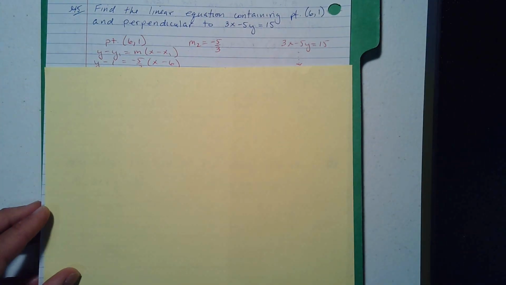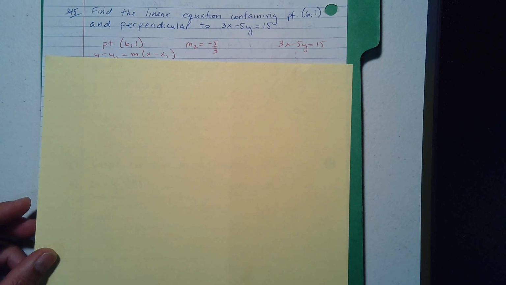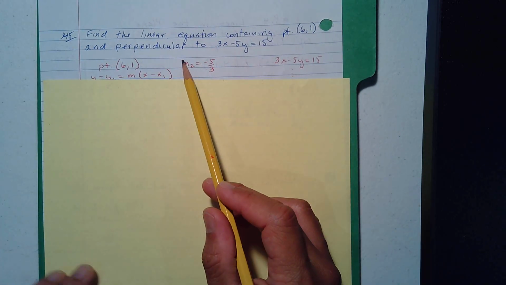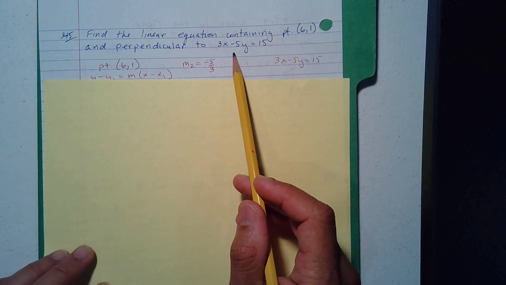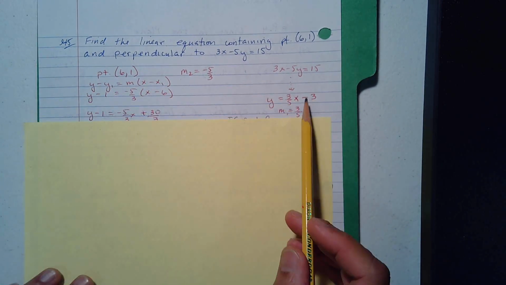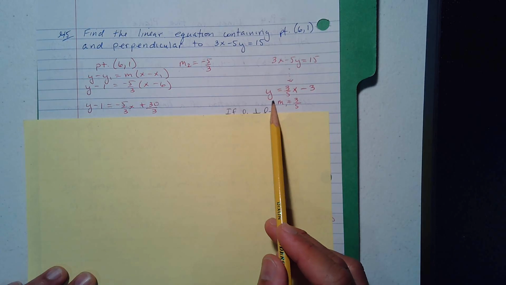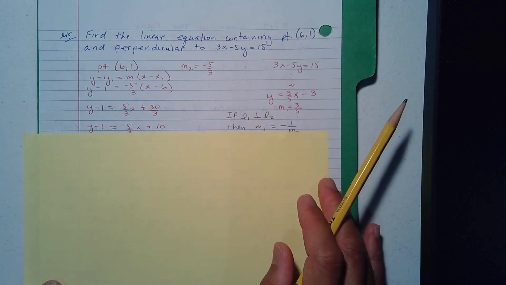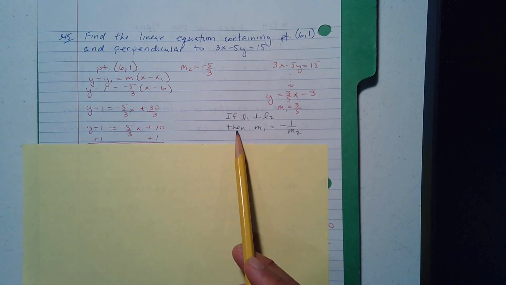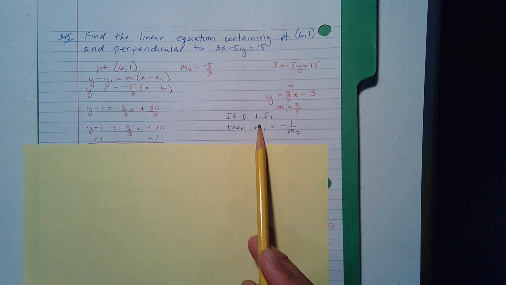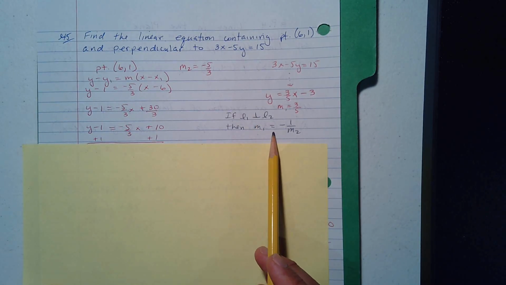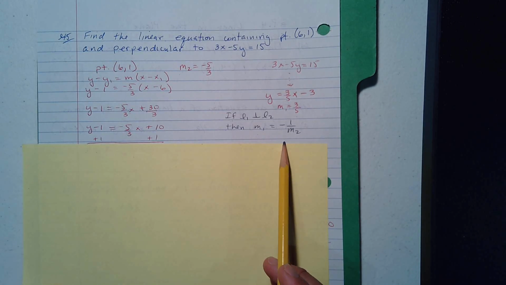Alright, example 5. Example 5 says find the linear equation containing 0.61 and perpendicular to this line. So we did all the work already from the last problem. So here is our slope-intercept form. The slope is 3/5. So what you have to recall is if line 1 is perpendicular to line 2, this is the perpendicular symbol, then m1, the slope of line 1, is the opposite reciprocal.